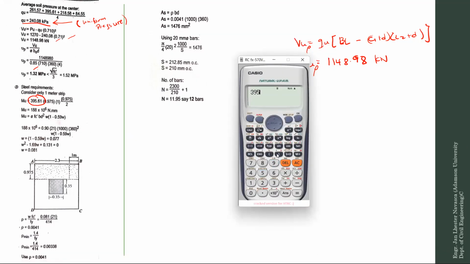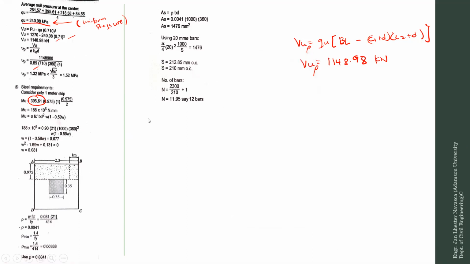So this is 395.61 multiplied by the 0.975 squared over 2. Okay, you get your 188 times 10 raised to 6. Okay, so ang some reference uses yung maximum pressure for the design. Okay, yung maximum pressure. So ito yung Q max.